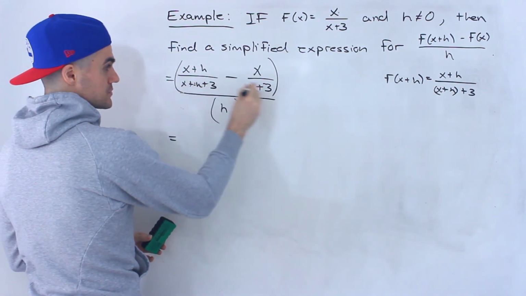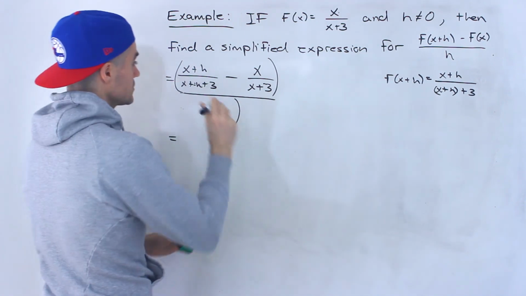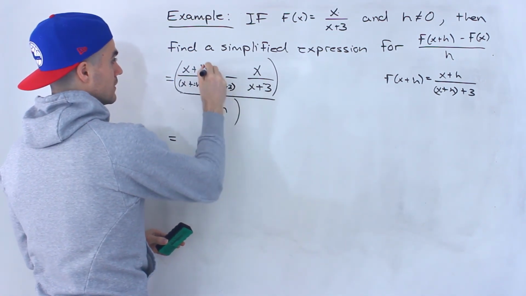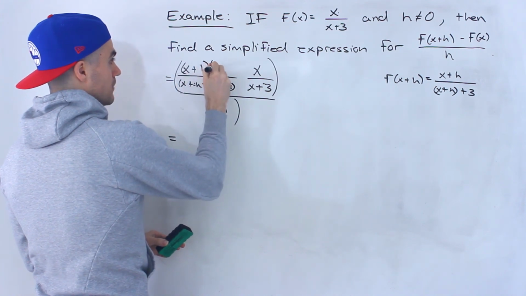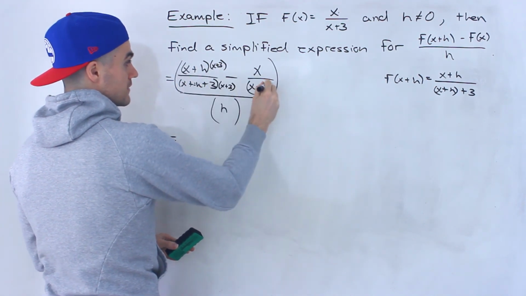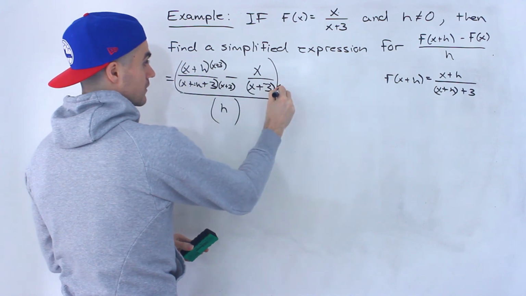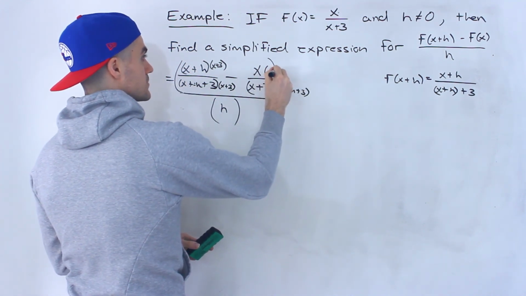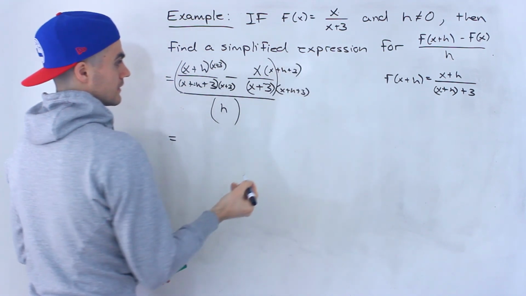Notice x plus h plus 3 and x plus 3 are different factors. So we'd have to multiply this by x plus 3, and then the top by x plus 3. And then we'd have to multiply this x plus 3 by this factor, x plus h plus 3, and then this would be x plus h plus 3. Like that.